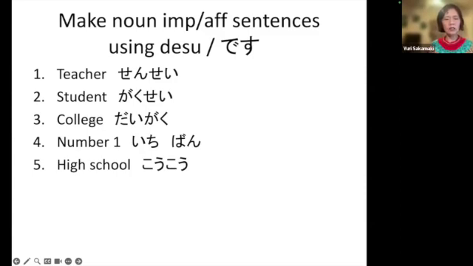We just did, it's a college, so let's do a high school. 高校です. And maybe something is happening in the morning.